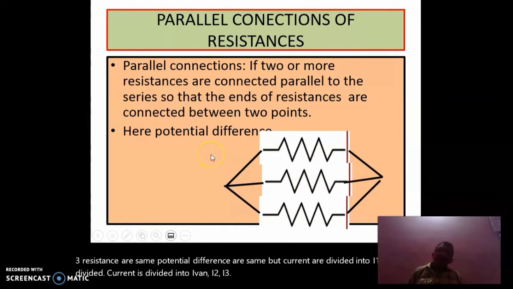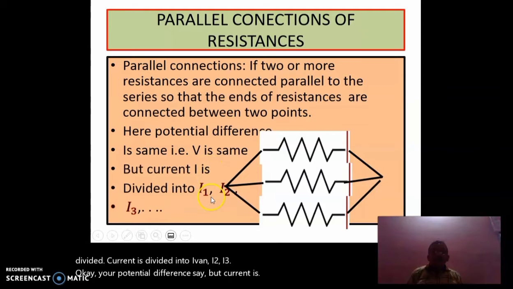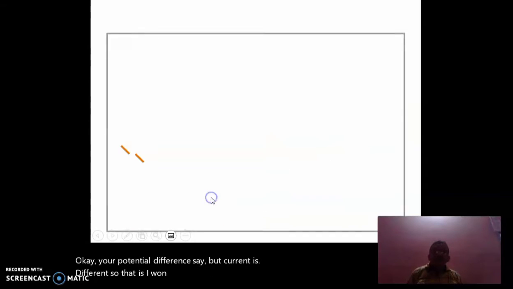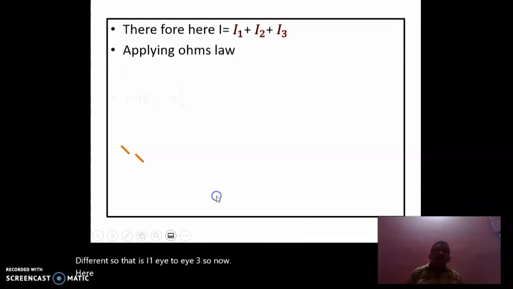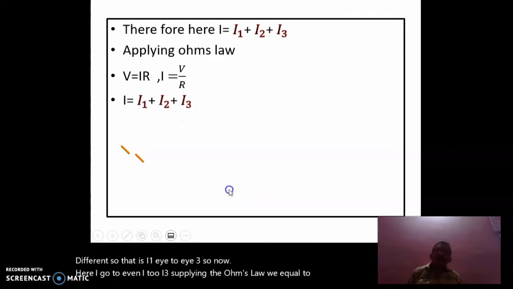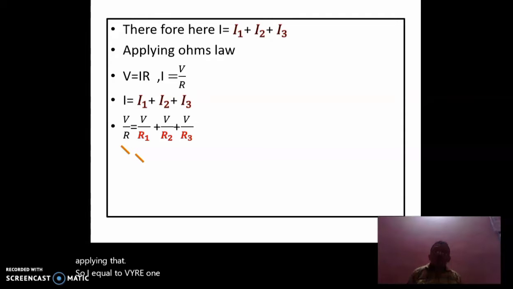Okay. Here the potential difference is the same, but the current is different. So that is I1, I2, I3. So now here I equals I1 plus I2 plus I3. Applying Ohm's law, V equals IR, I equals V by R. So I1 equals V by R1, plus V by R2, plus V by R3.